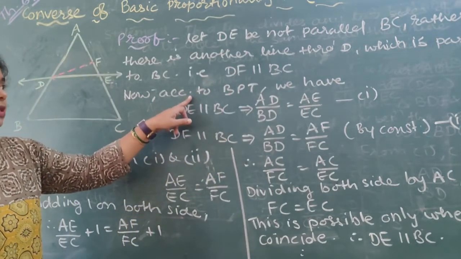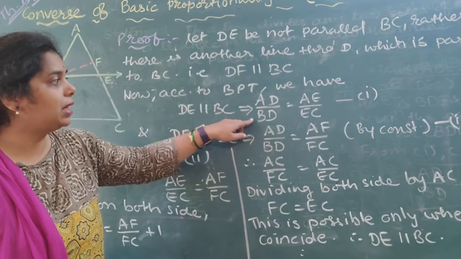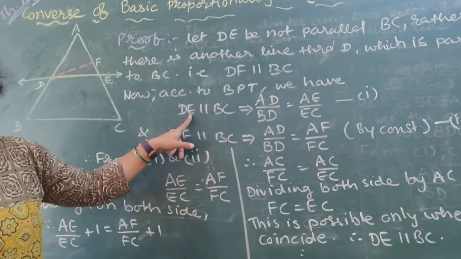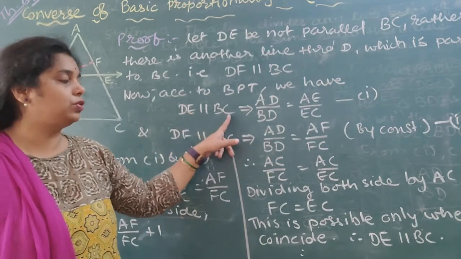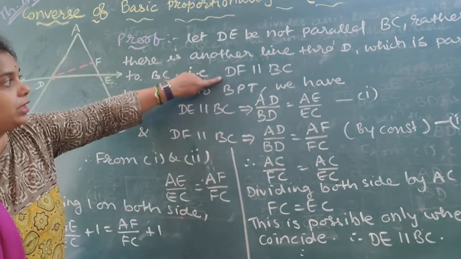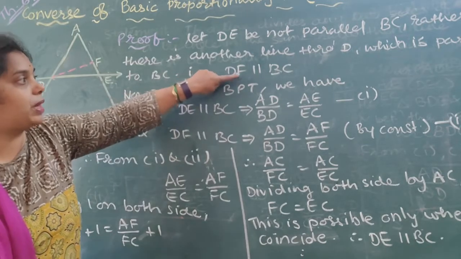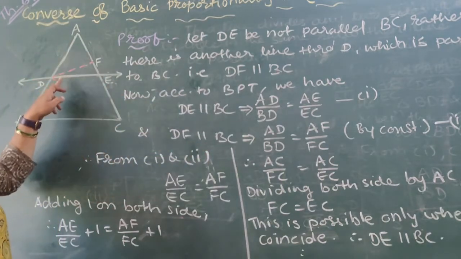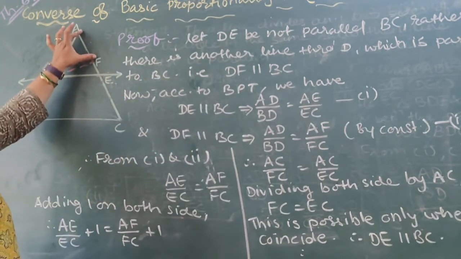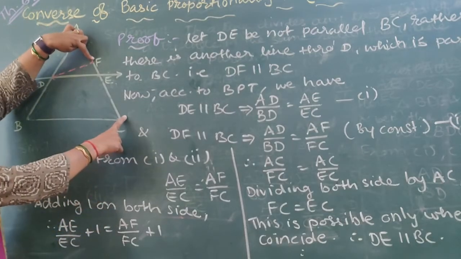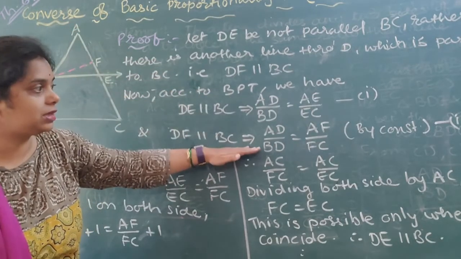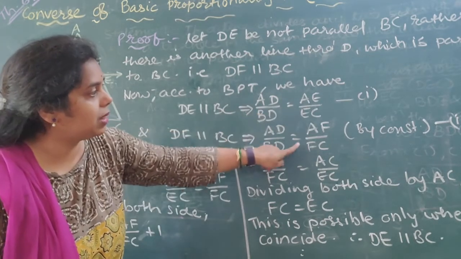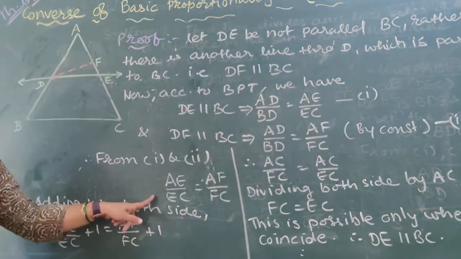But according to BPT, we have AD by BD is equal to AF by FC. And we also have AD by BD is equal to AE by EC, the given. If you compare both results, we can say that AE by EC is equal to AF by FC.